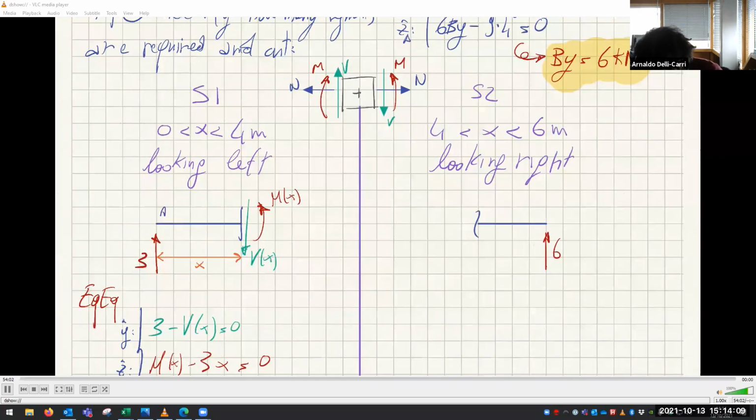And then I have the left-hand side of the convention, which is m of x like this, and v of x upward like this. And now the question, how much is this distance? Let's have a look.